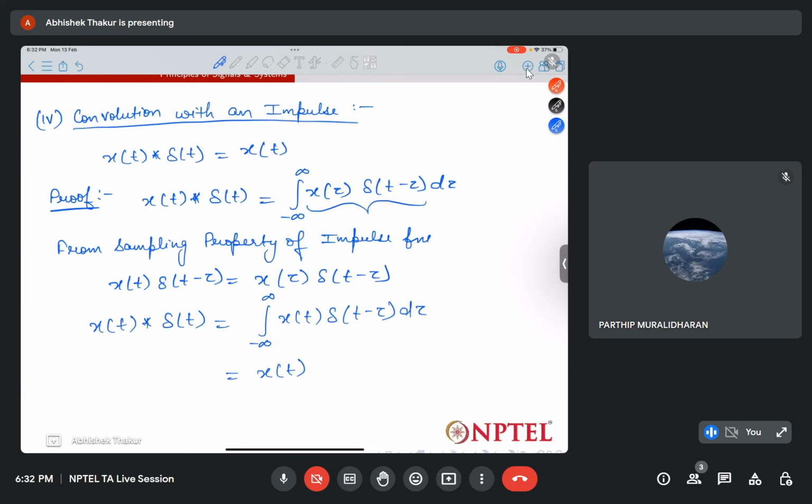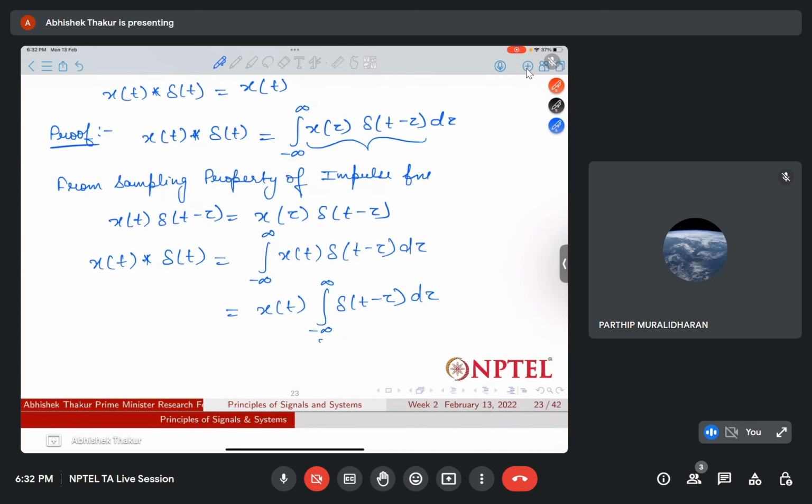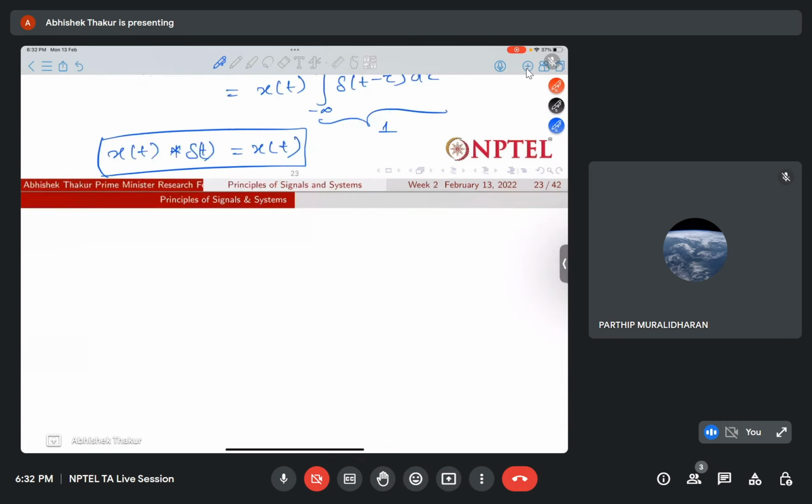So it will be x(t) times the integral from minus infinity to infinity of delta(t minus tau) d tau. Now the integration of this from minus infinity to infinity will be 1. So it will be x(t). Therefore, x(t) convolution delta(t) is equal to x(t) itself. Okay, this was the fourth property of convolution.